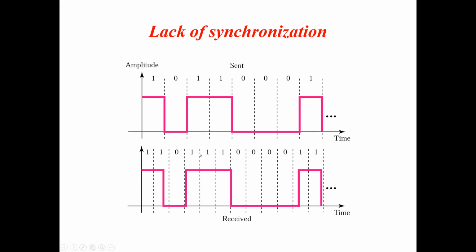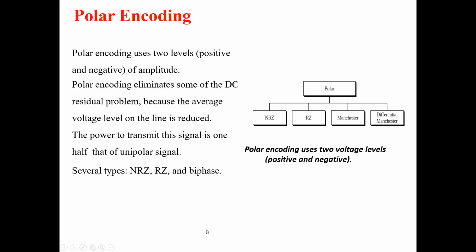You can see it's 111, but there are only two ones. If the receiver started late, it will receive one extra bit here. So due to lack of synchronization, the data received may differ from what was sent, or we may receive the data with some errors. That is the problem with unipolar.